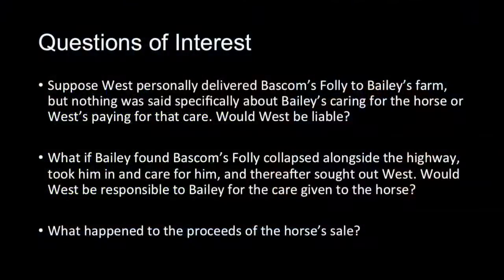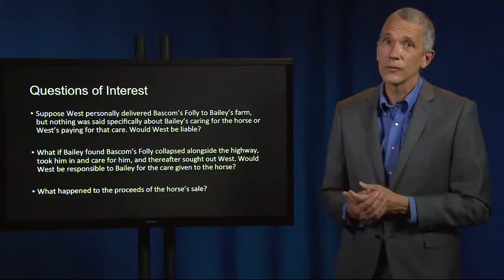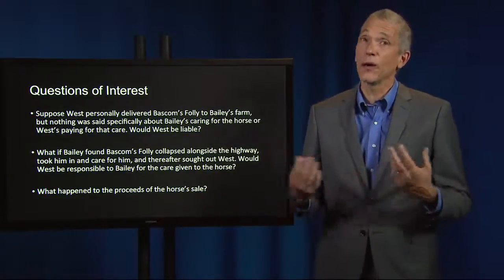Number two, what if Bailey found Bascom's Folly collapsed alongside the highway, took the horse in and cared for the horse, and thereafter sought out West for payment? Would West be responsible to Bailey for the care given to the horse? And if so, on what theory? Well, the answer there is West would probably be liable on a quasi-contractual claim, or at least it would be arguable.